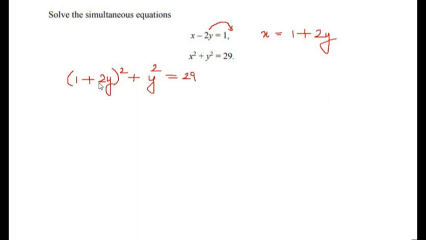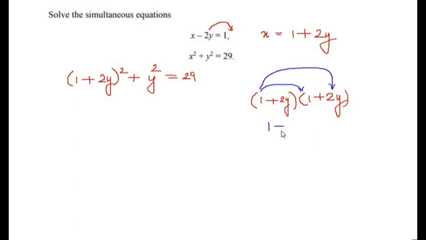Now to expand the 1 plus 2y, the whole term squared, we can just write it here as 1 plus 2y, 1 plus 2y. So we have to multiply the two terms. So using the FOIL method, or the expansion or the distribution method, we get 1 times 1, it is going to be 1, and 1 times plus 2y gives you plus 2y.